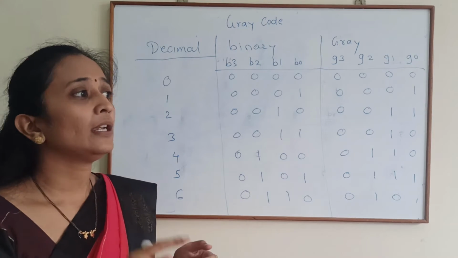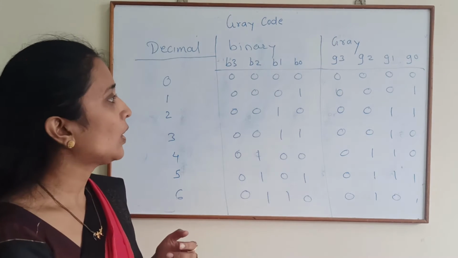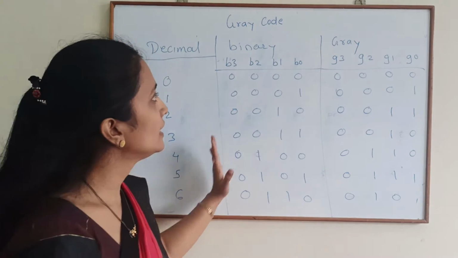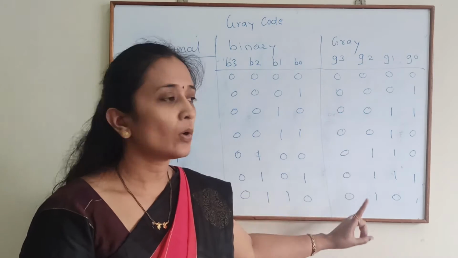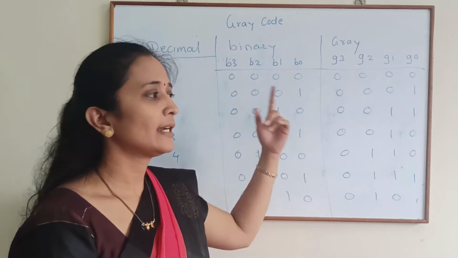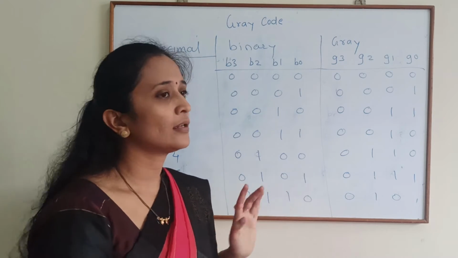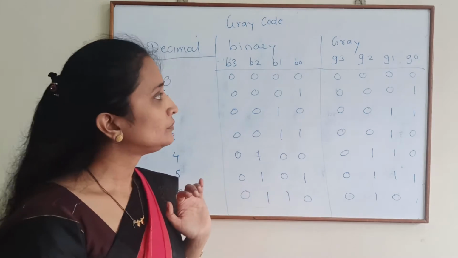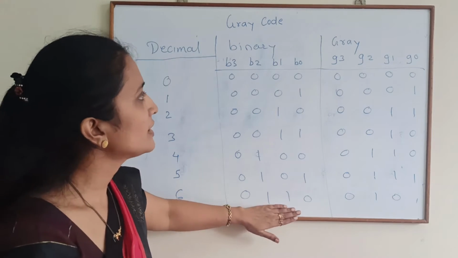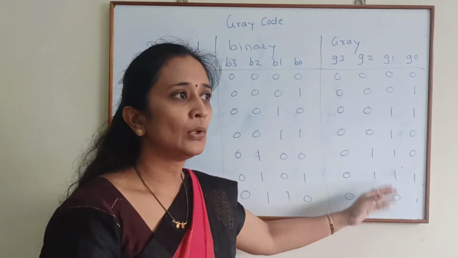Instead of binary, Gray code is useful because only one switching is there in the output. Therefore, that scientist invented this Gray code. Understood? You can take any number from this; binary numbers can be converted into Gray code.